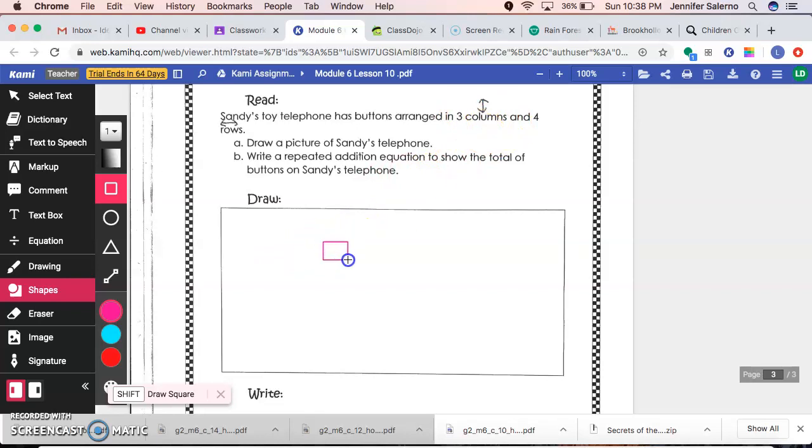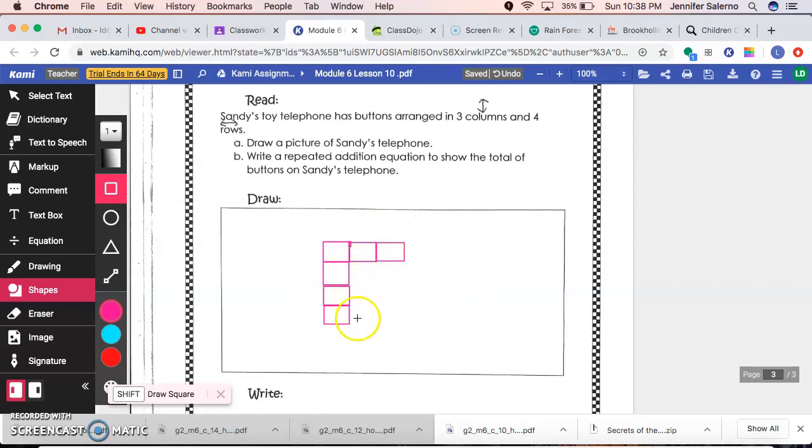So columns, we have 1, 2, 3 columns, and then it's telling me that I have 4 rows. So this would already be considered 1 row, 2, 3, 4 rows, okay?